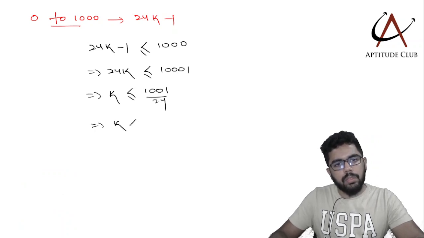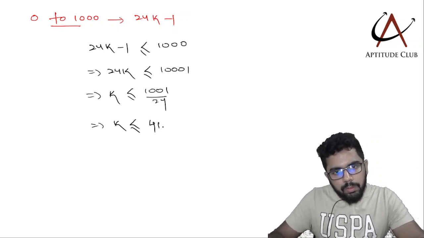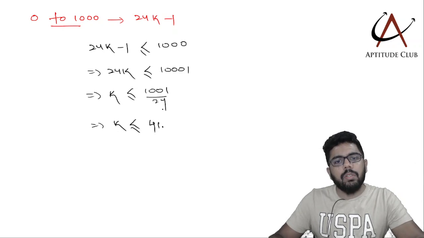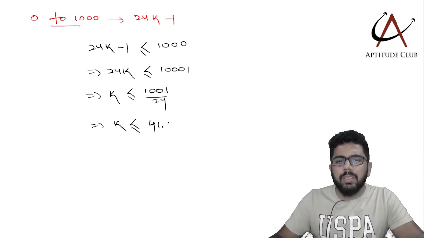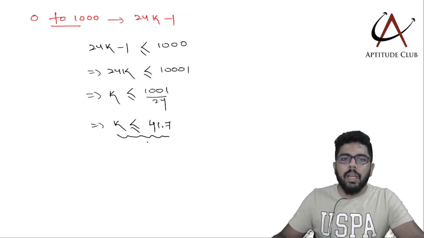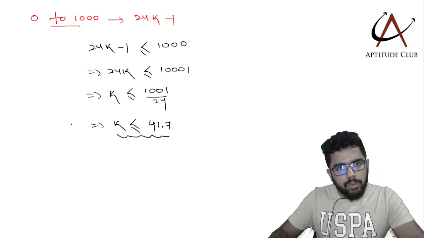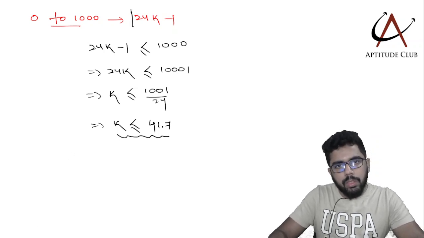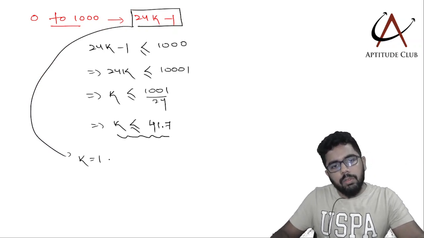So k is how much? If you divide this, 24 4s are 96, and then 41, so 24 into 41 is 984, so k is 41 point something. I cannot take 41 point something because everything is integer. So the first value of 24k minus 1 is when you put k equal to 1.